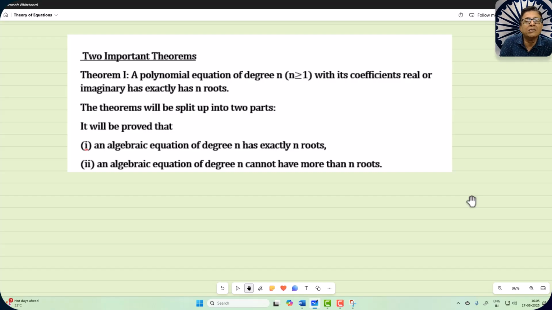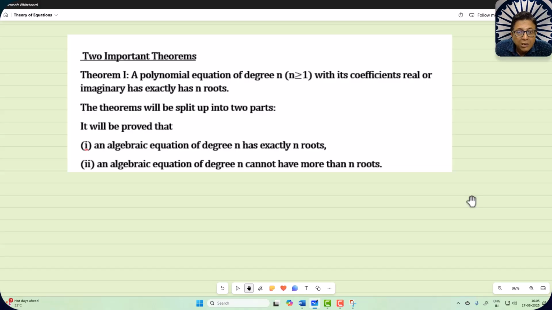The first one: a polynomial equation of degree n greater than or equal to 1, with coefficients real or imaginary, has exactly n roots. The fundamental theorem stated the existence of a root. But here, if it is of degree n, it will have n roots.